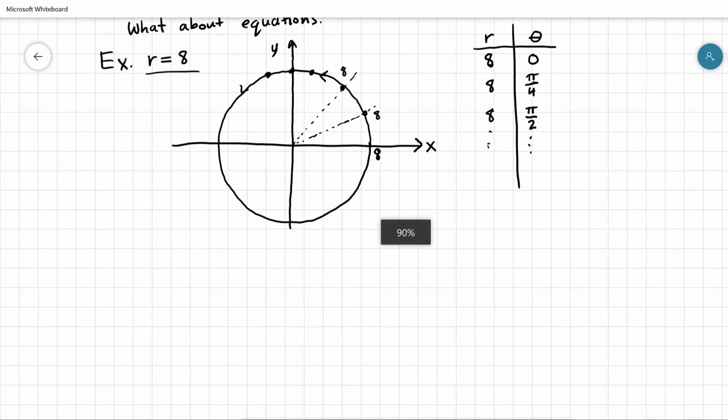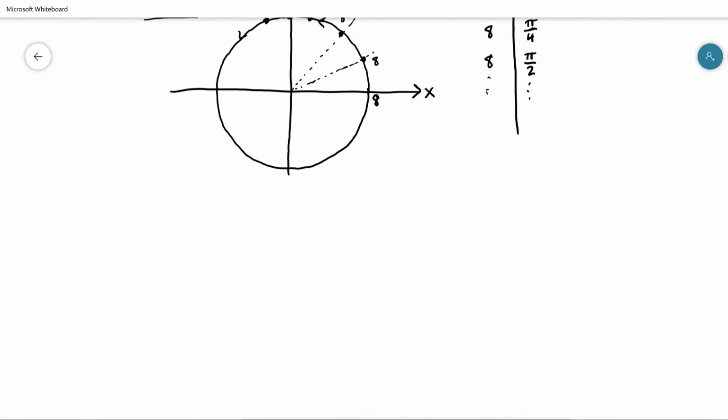Let's have our next example be, what do we get if instead of letting r be a constant, we let theta be a constant? So let's let theta just be pi over 3. So now r can take on any value. There are no restrictions on what r can be, and it's theta that is specified. So again, I'll draw my axes here.